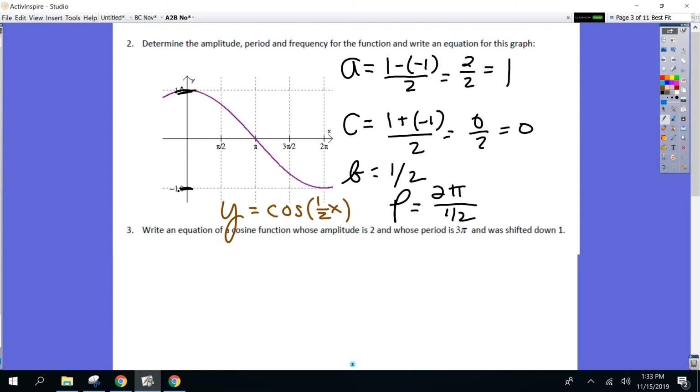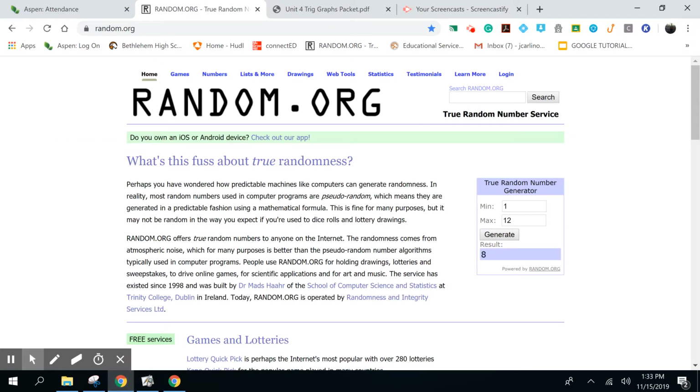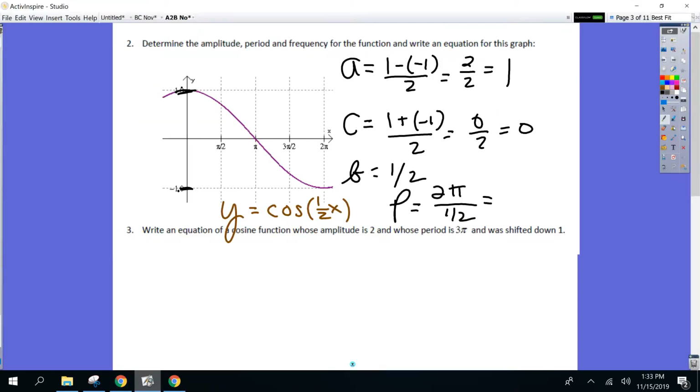Don't leave it like that. Period is 8. Good job.